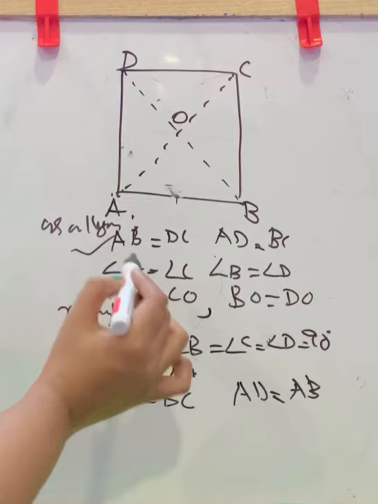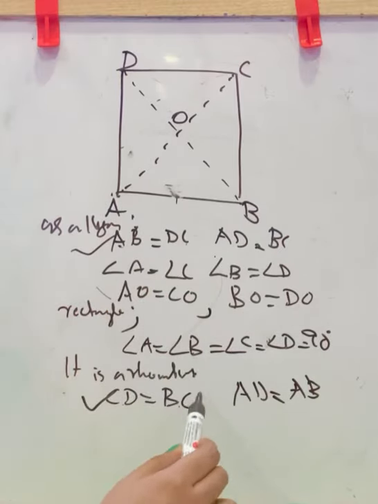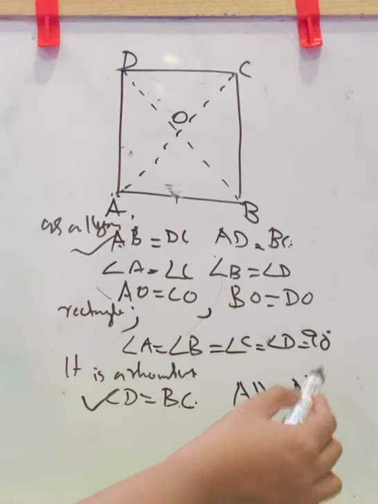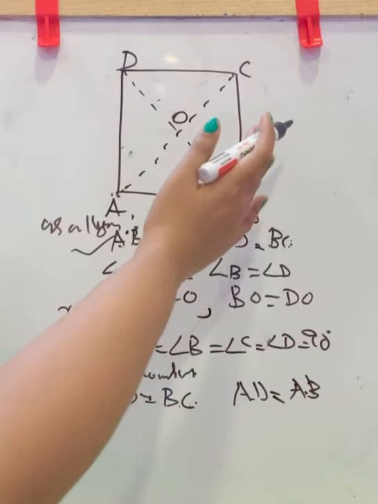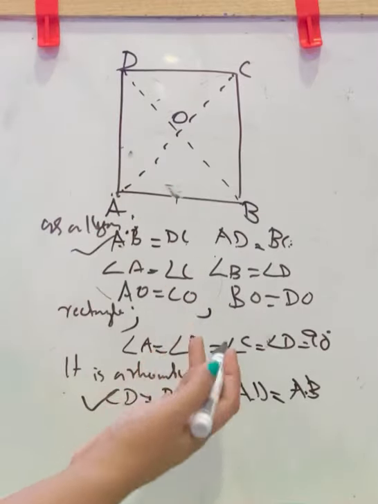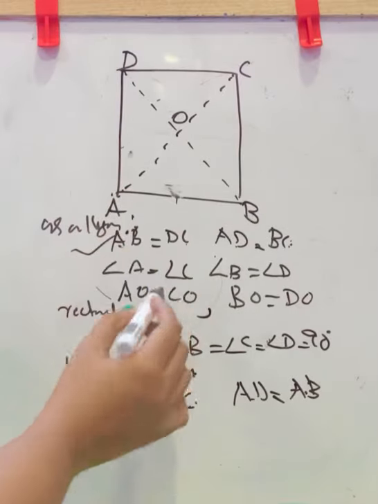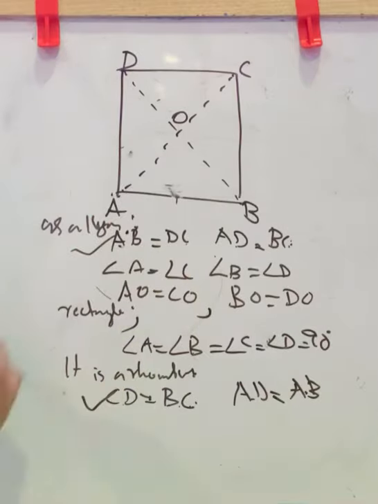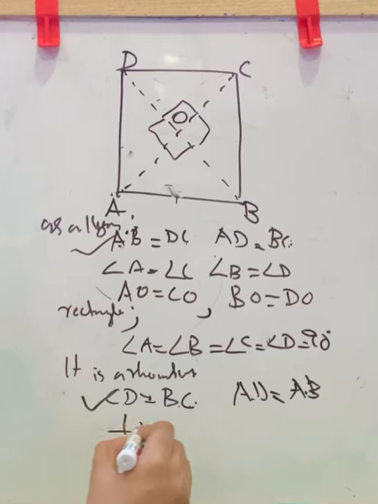So comparing kite property and parallelogram property, we can say CD equal to BC, AD equal to BC, AB equal to DC, AD equal to AB. That is all the sides are equal. Opposite sides are equal, adjacent sides are equal. Now considering the diagonals, we already got it bisects. Now this is a rhombus too, so we can say it bisects at right angles, perpendicular bisectors.